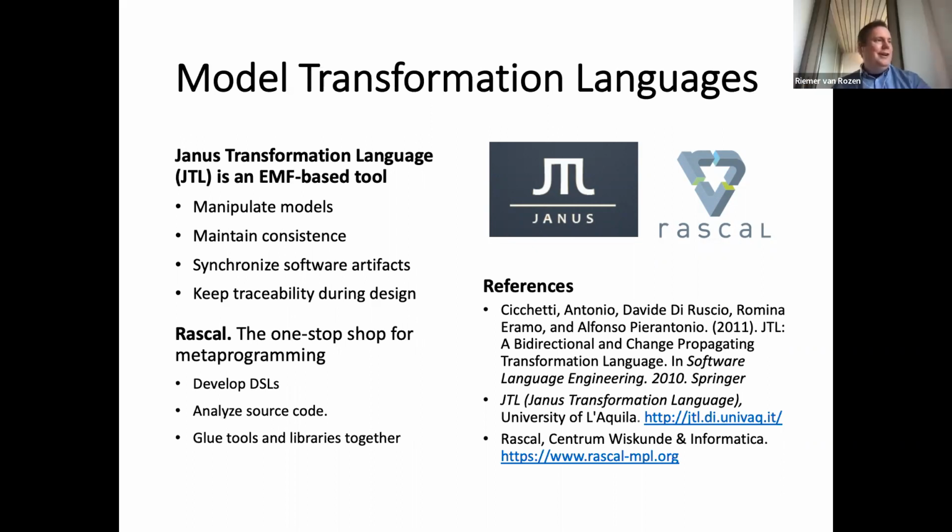Yes. Well, the language I use is Rascal for building the compiler. And well, the selling pitch is it's a one-stop shop for meta programming, but it allows you to do many things like develop DSLs, make your own grammars, parse it, concrete syntax, abstract syntax, matching, of course, transformation. It helps you analyze source code.